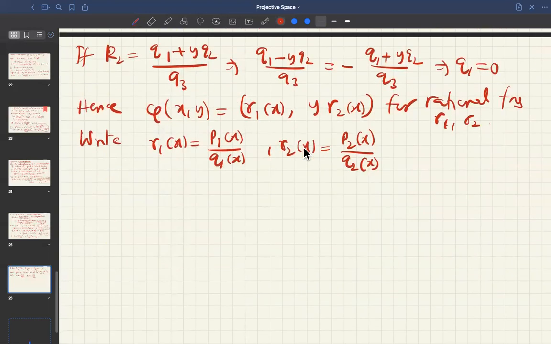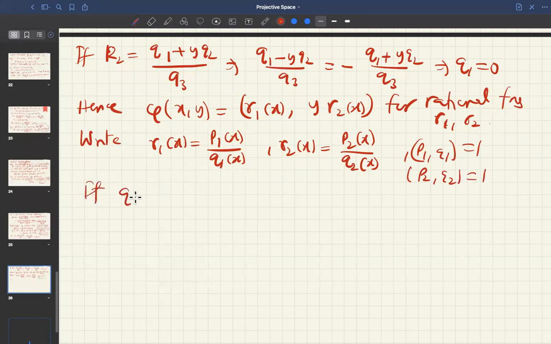Okay, so I want to say something. P1, Q1 are polynomials, and these are co-prime; P2, Q2 are polynomials, and these are co-prime.